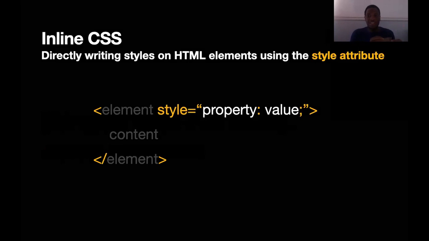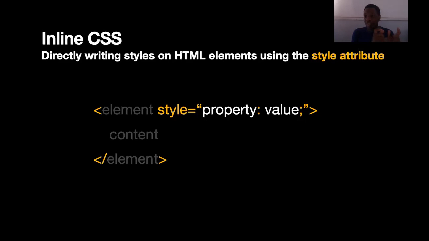Remember the concept, because when I use those terms, I would need you to reflect on what a style is or what a rule is. Now, when I talk about style, I'm talking about a property value pair. Property, colon, value, semicolon. That is a style. When I'm talking about a rule, I'm talking about selector, curly braces, property, colon, value, semicolon, right?